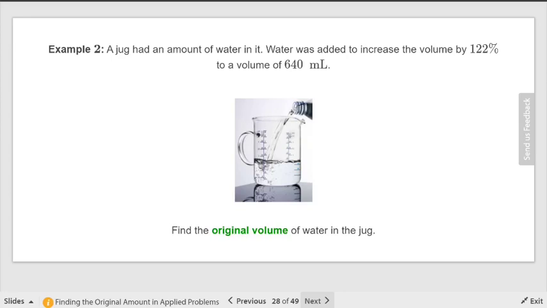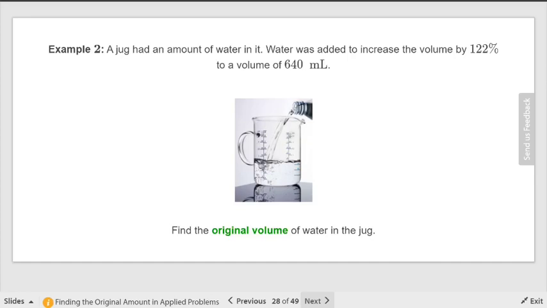Ready? Here we go. A jug had an amount of water in it. Water was added to increase the volume by 122%. Be careful with this one. To a volume of 640 milliliters. So 640 milliliters is how much we had when? Now, not to start with.